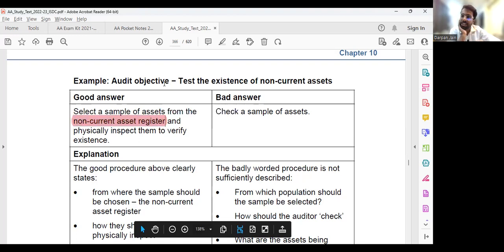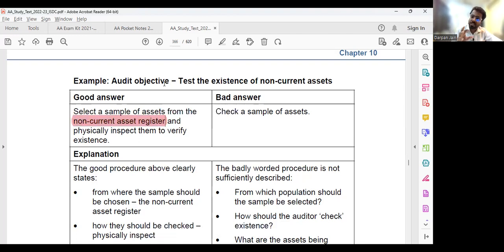What is this non-current asset register? This register is basically going to give you a breakup of all the different fixed assets, of all single fixed assets also, along with the values of each fixed asset and their location, as to where they are located.